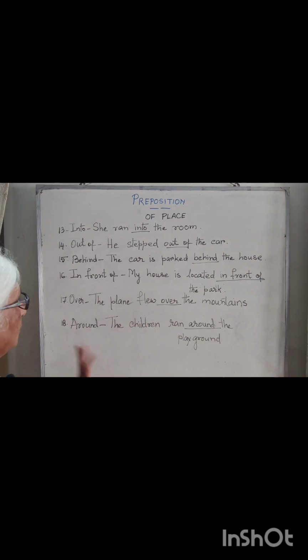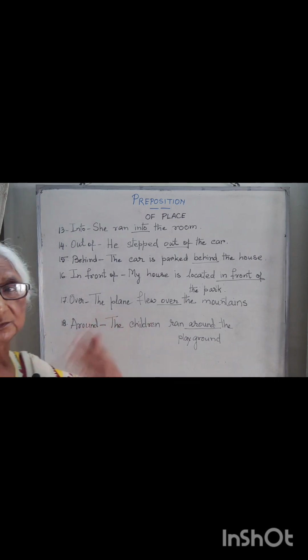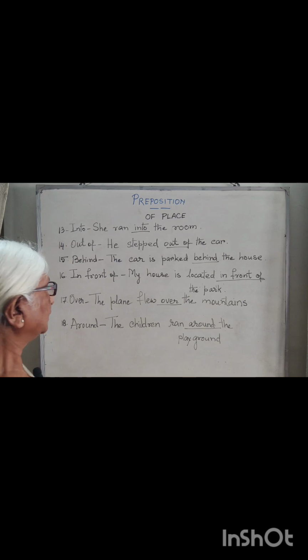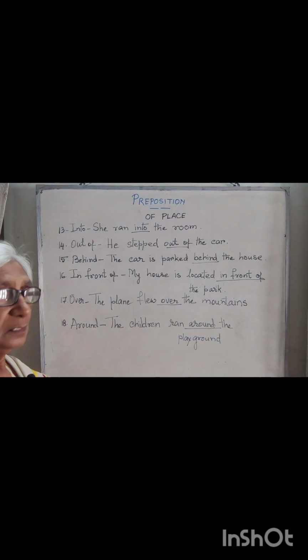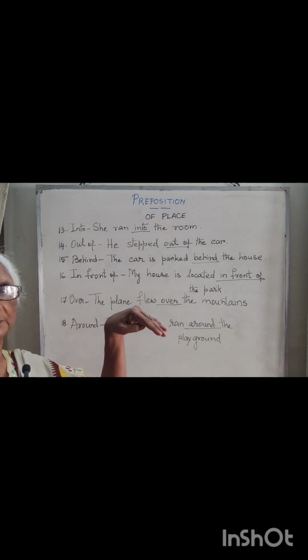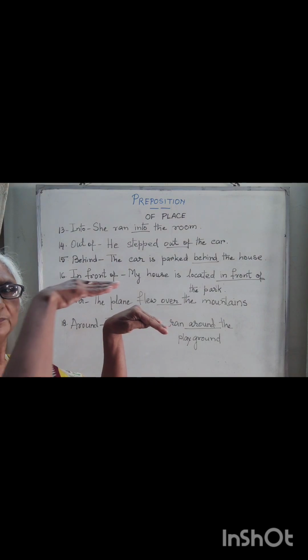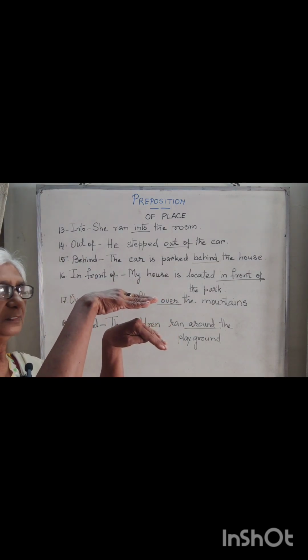Then we have over. Over and above have always created a lot of confusion. Now, the plane flew over the mountains. The mountains are a little down, and the plane flew over them. Remember, over is not always very little.